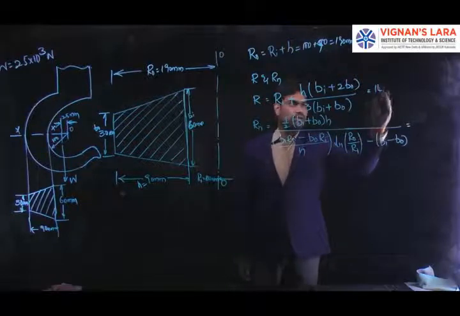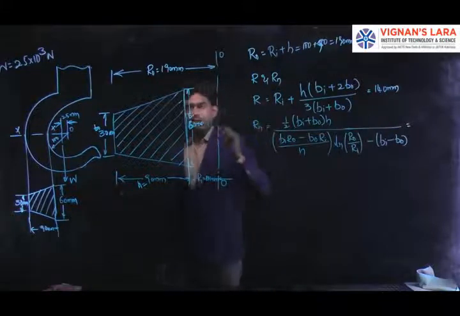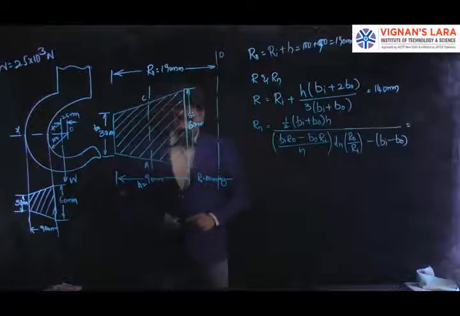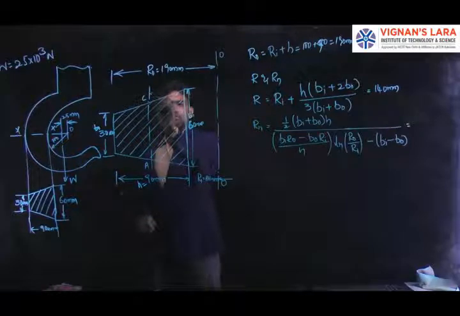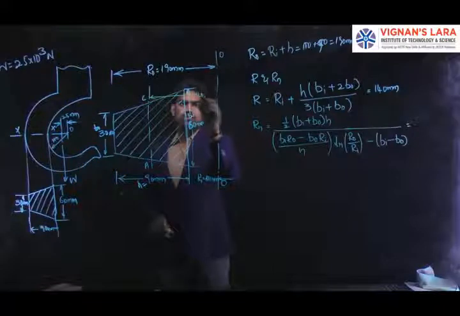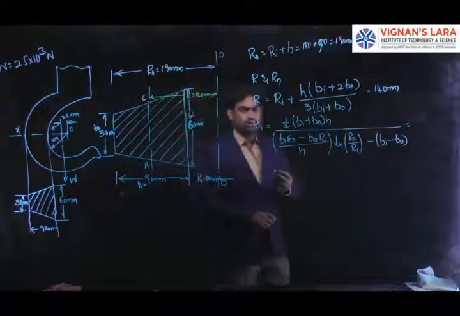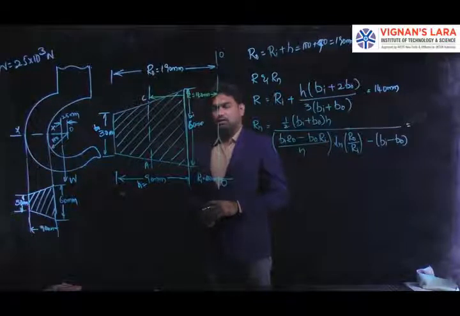I may get 140 mm for the radius of curvature, and then locate the centroidal axis. The value is R equal to 140 mm.